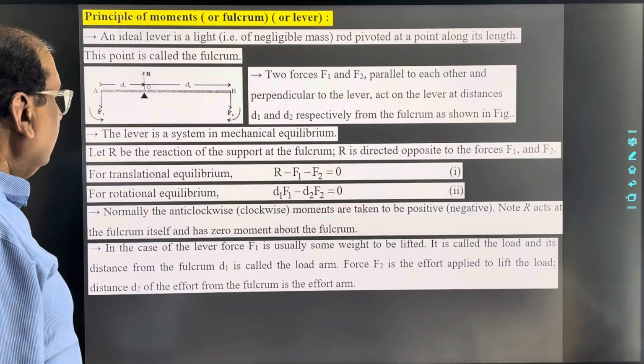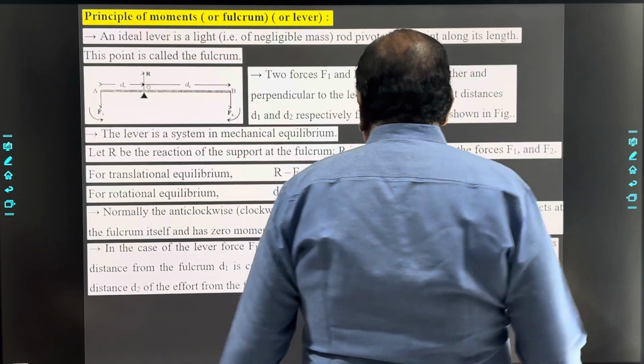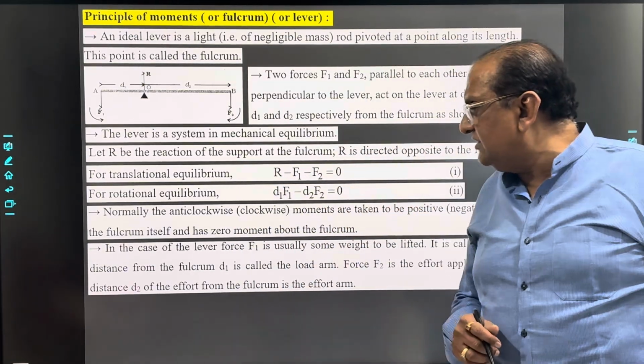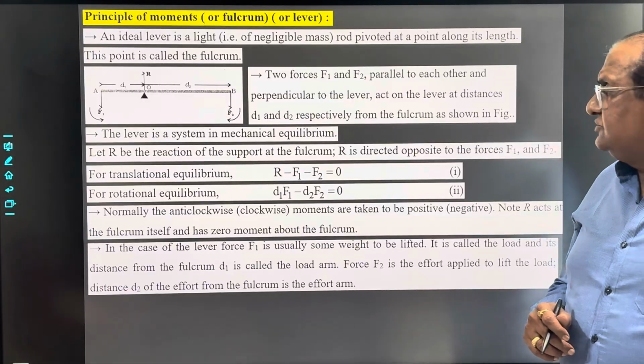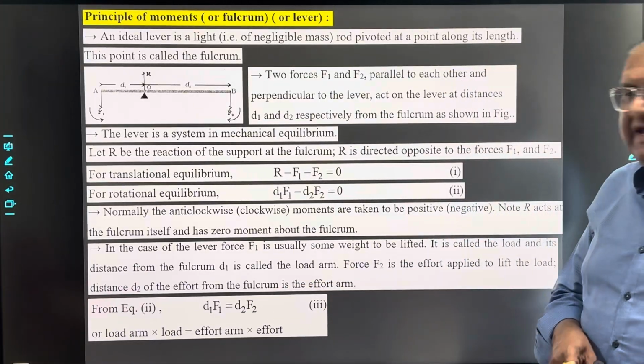Now from equation 2, we can see D1 F1 minus D2 F2 is equal to 0. So we can write D1 F1 equal to D2 F2.